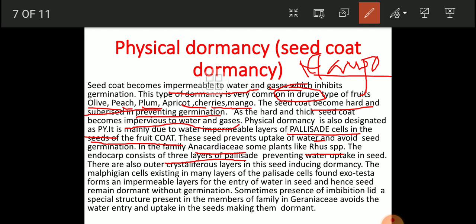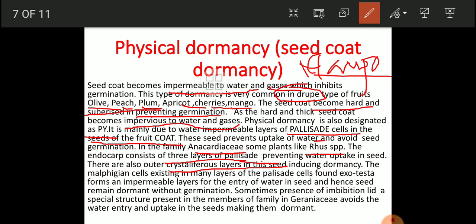Out of that, we have seen the epicarp, but now we have to see the endocarp. It consists of three palisade layers. Three layers of palisade tissue are there, isn't it? Again, there is also an outer crystalliferous layer. I will show you a diagram, then you will come to know how things happen.